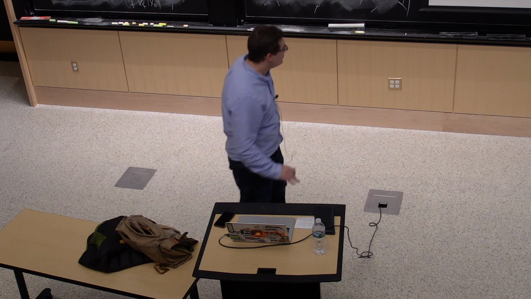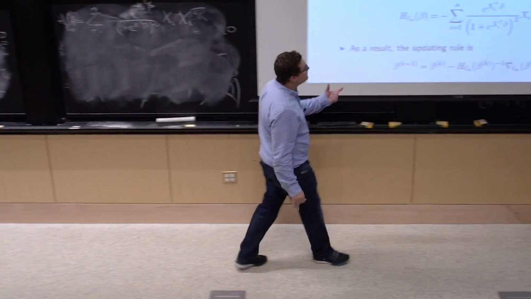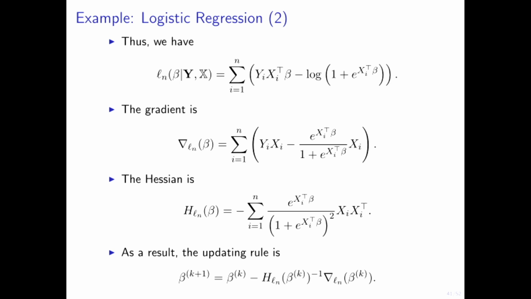OK, so now that's for the Newton-Raphson. If I wanted to actually do the Fisher scoring, all I would need to do is to replace the Hessian here by its expectation when I pretend that the beta that I have at iteration k is the true one.